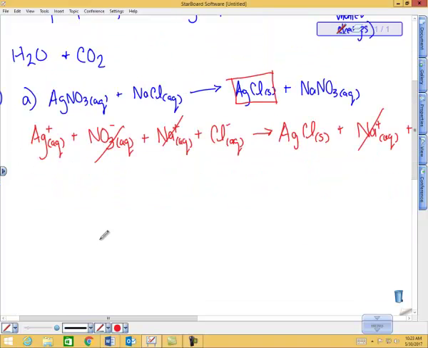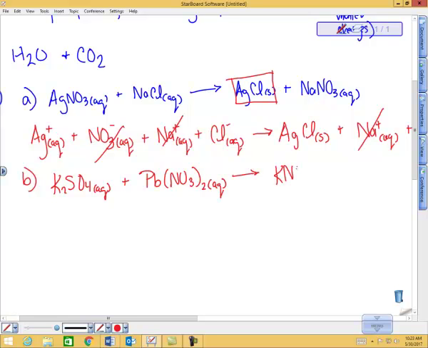So part B, starting with the K2SO4, aqueous, and the lead nitrate, Pb(NO3)2. And this will make some KNO3, which is aqueous, and PbSO4.